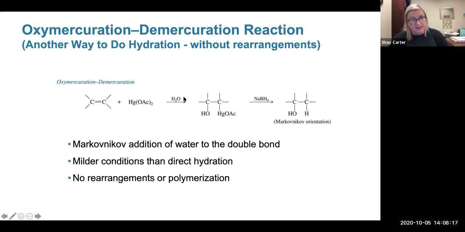And in the presence of water, what happens is we add a hydroxyl group to this carbon, and then we add that mercuric acetate to this carbon, and then we add sodium borohydride to the process, and it removes that mercuric acetate. And we end up with a Markovnikov product. Hydration. Our overall reaction is a hydration reaction with a Markovnikov orientation.